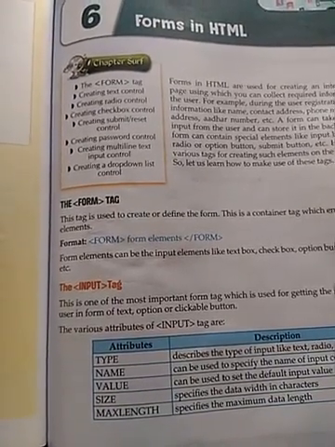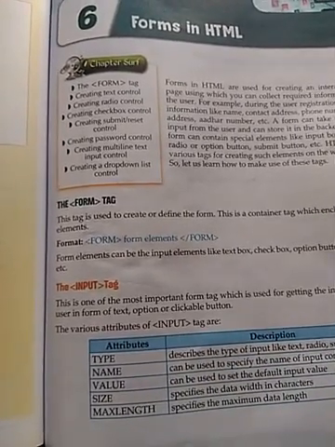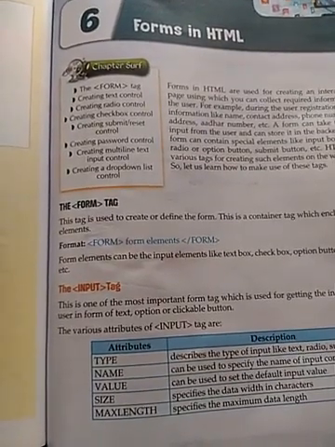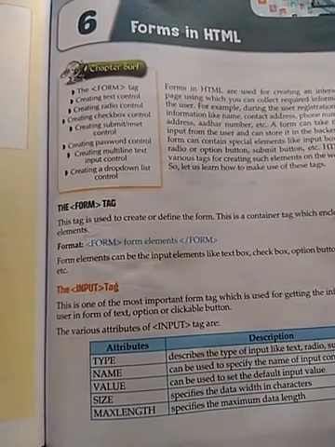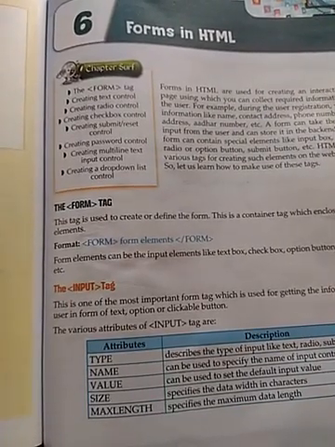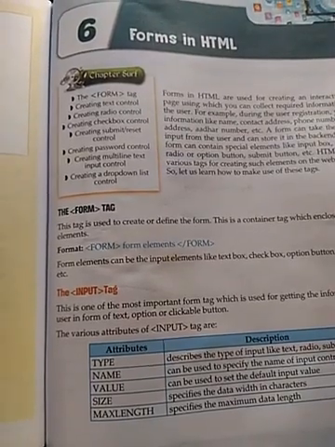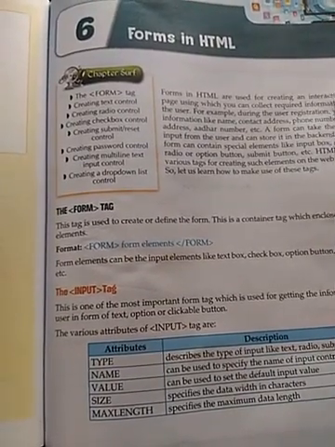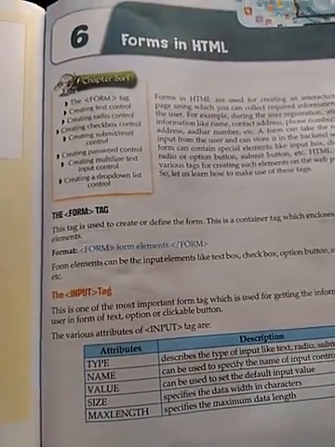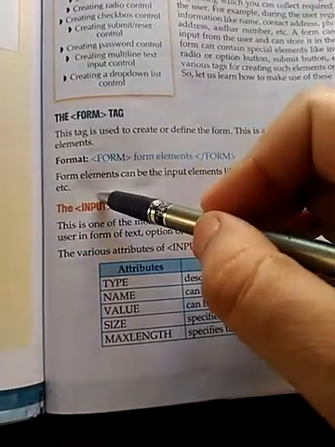The input is the tag to take the input. Now it depends on the type, in what type you want to take the input. If you want to take the input in the form of text box, then the type will be text. If we want to take the input in the form of radio button, then the type will be radio. If we want to take the input in the form of checkbox, then the type will be checkbox. But the control to take the input is input. So input tag is used to take the input from the user.